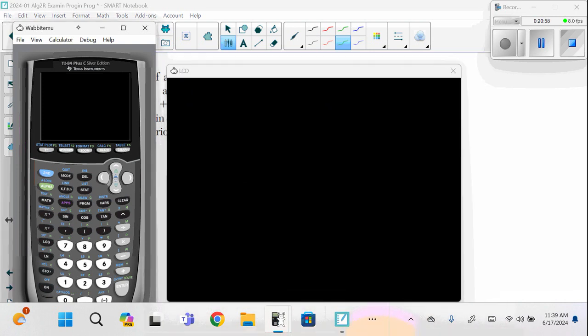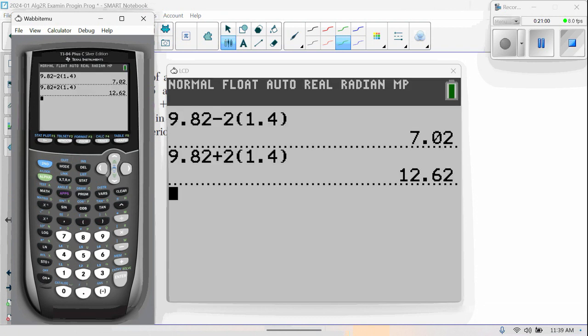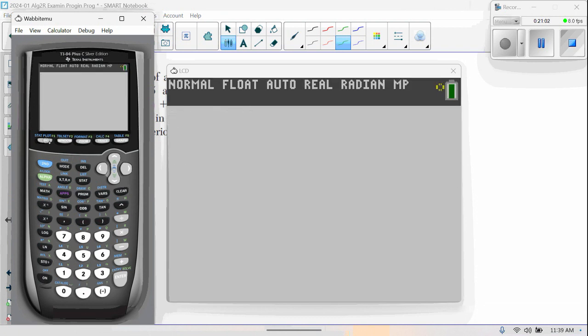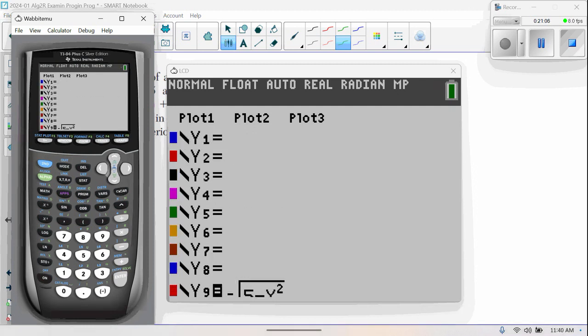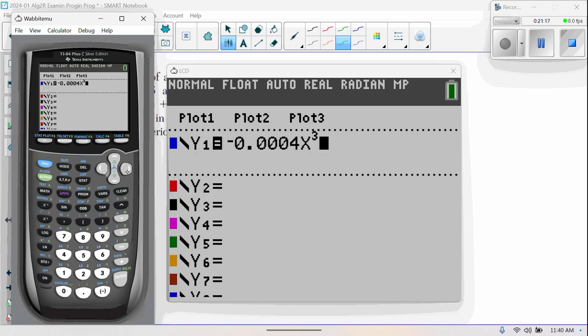I've written down this equation so I don't have to make the room on the screen. Let's clear these out. And I've got negative 0.0004, and that's x to the power of 3.